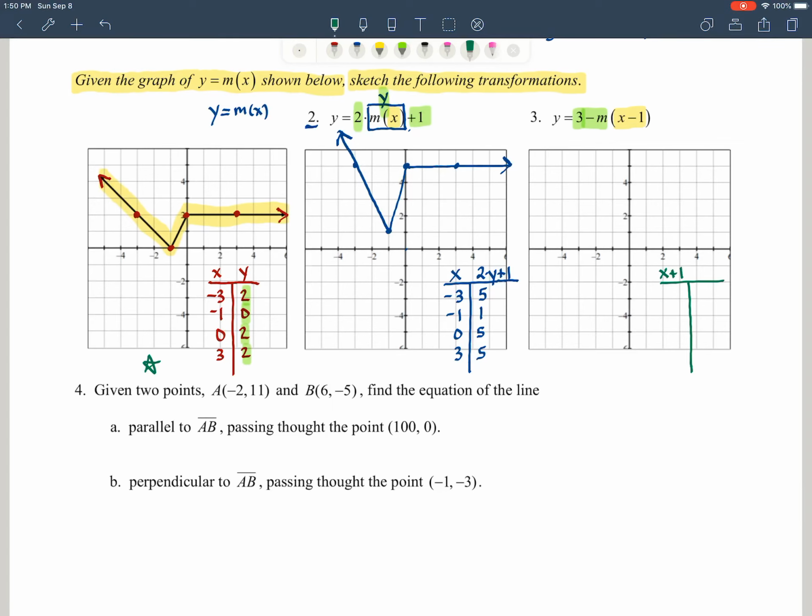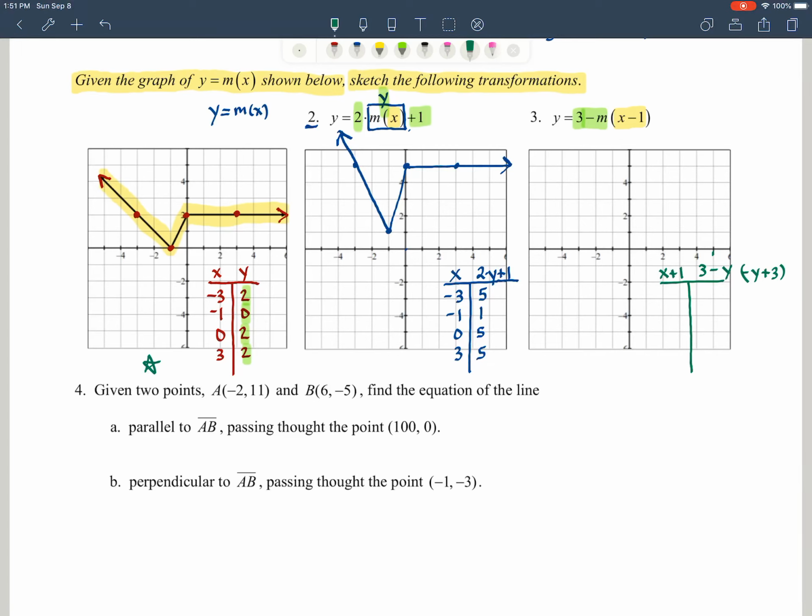So when we write this rule out, this would be like saying either 3 minus y, or you could think of this as negative y plus 3. Either one of those is correct. Actually, I'm going to move this off to the side because I don't know where my graph is going to be. So we've got negative y plus 3. You could use either one of those.